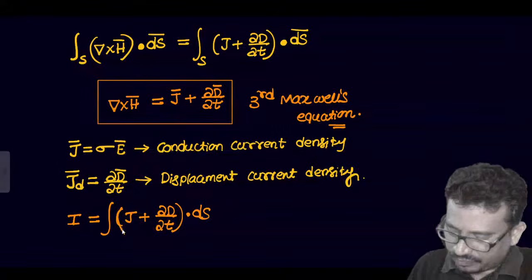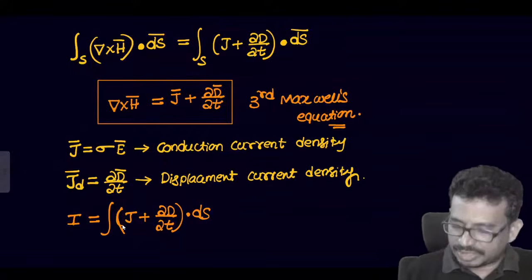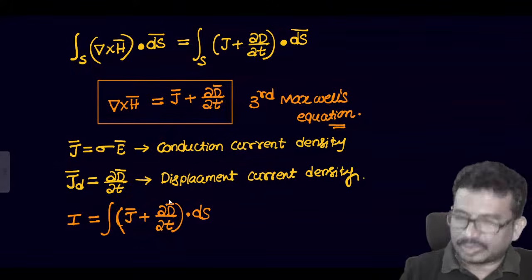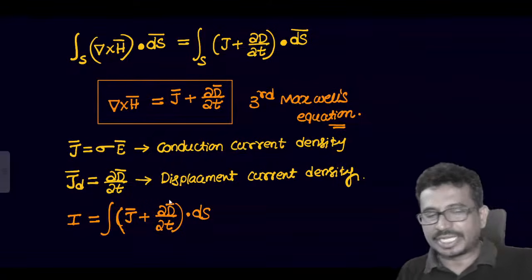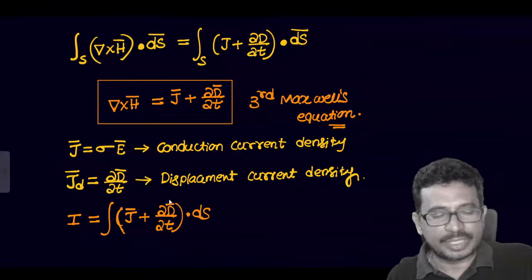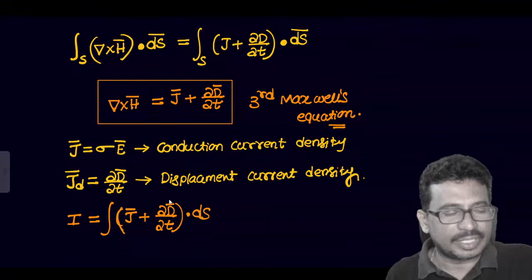The first term gives the conduction current and the second term gives the displacement current. The total current is a combination of conduction current and displacement current.